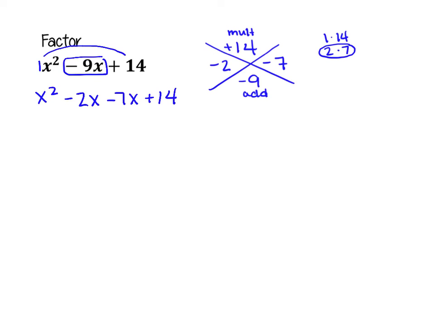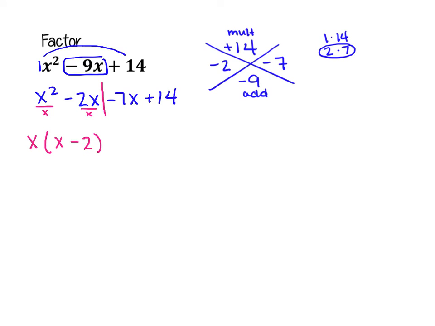Then I want to look at this as two separate problems. Right? If I look at the first two terms, what is my greatest common factor? Well, it turns out the biggest thing I can divide them both by is an x. So when we factor out that x, we put the x in the front, and then what's left goes in parentheses. So x times x was x squared, and x times negative 2 got us negative 2x.